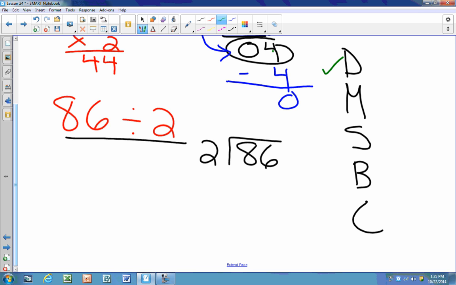So I ask myself how many times can 2 go into 8? 2 can go into 8 4 times. The next thing on the list is to multiply. So now I multiply these two numbers. 4 times 2 is 8. Put the 8 under the number I've been working with. And then I need to subtract. So I subtract, and I end up with 0.